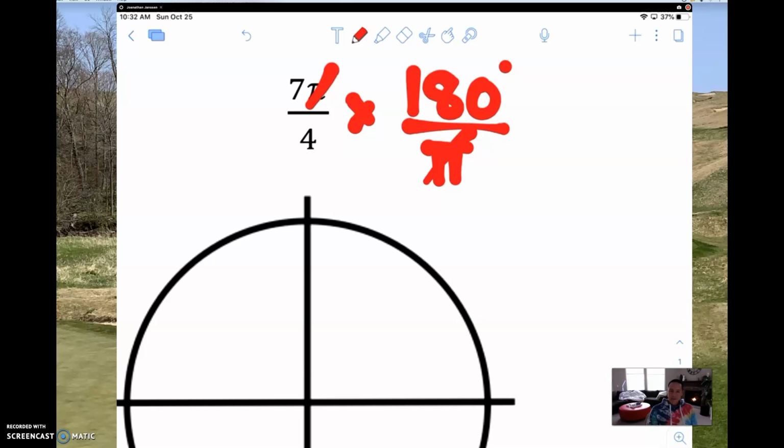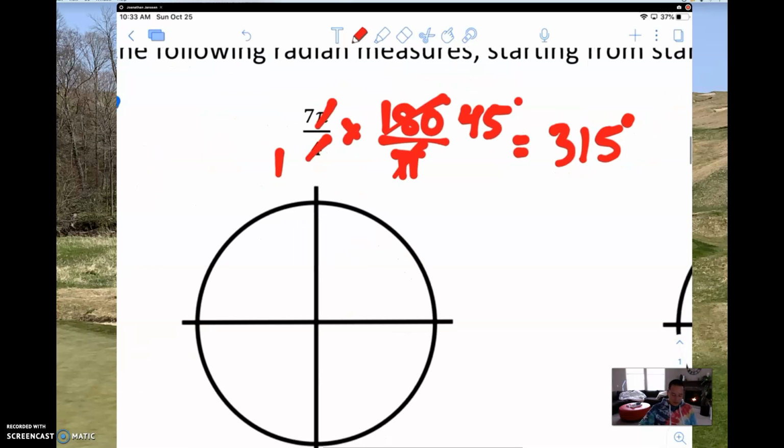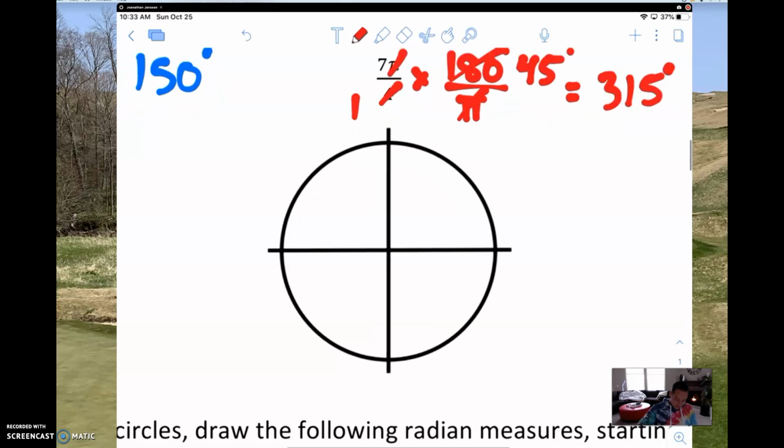Now if we take 180 divided by 4, we can cancel that top and the bottom there as well. 180 divided by 4 is 45. Cut 180 in half, you get 90. Cut it in half again, you get 45. And then we can take 7 times 45 and we get 315 degrees. So let's go ahead and draw 315 degrees.